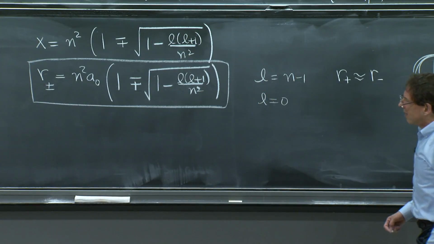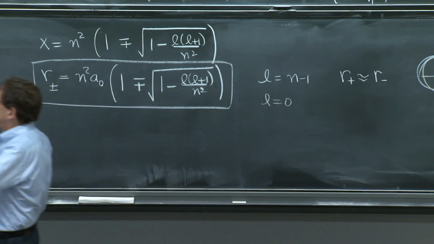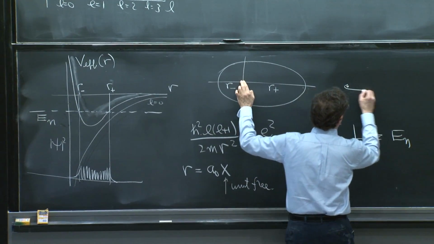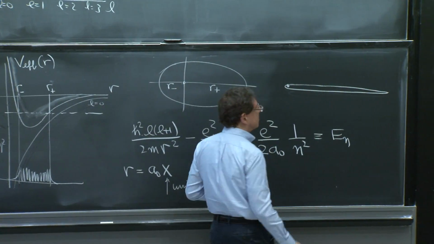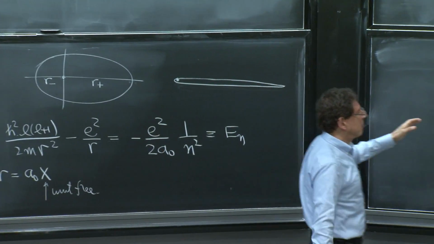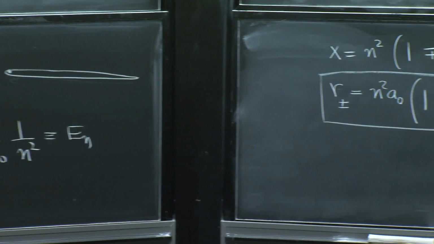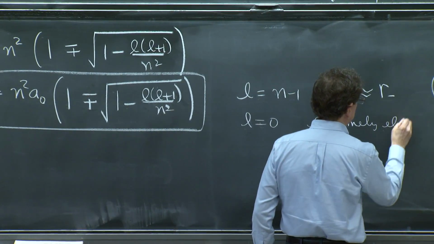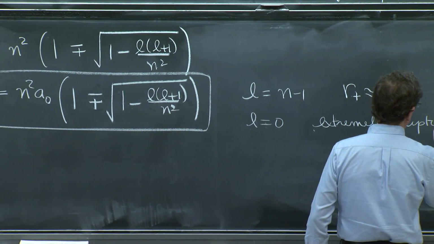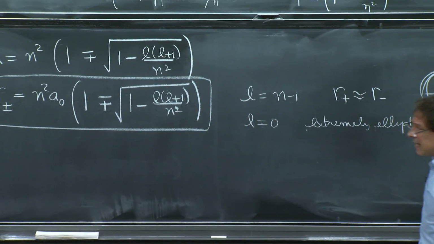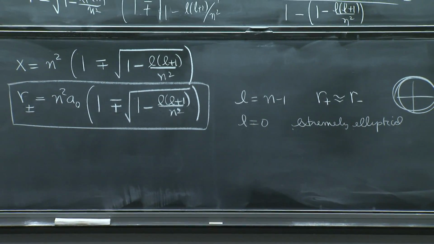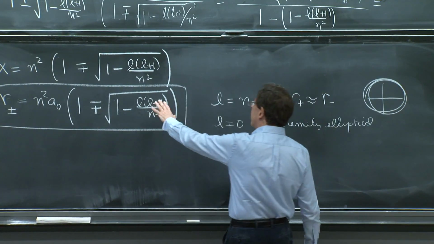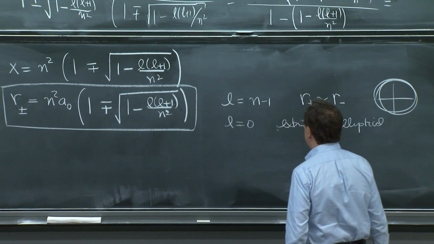So you have the case where r minus can be 0, and you have just an orbit that is like that, r minus 0. So extremely elliptical. Of course, that is the semi-classical approximation, so it's more reliable when you have a reasonable L.